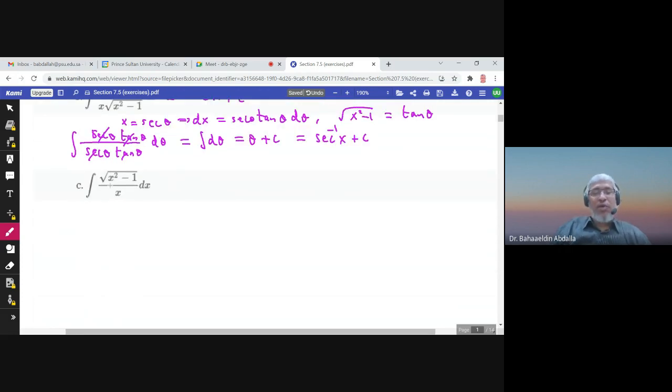Here also we have x squared minus 1, so you solve it with this technique, trigonometric substitution, taking x as secant theta, and continue like above.